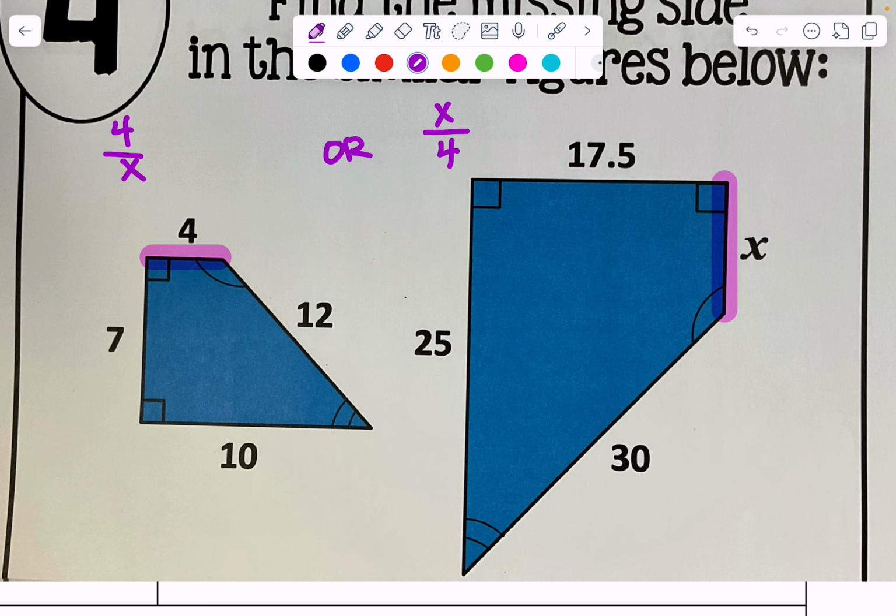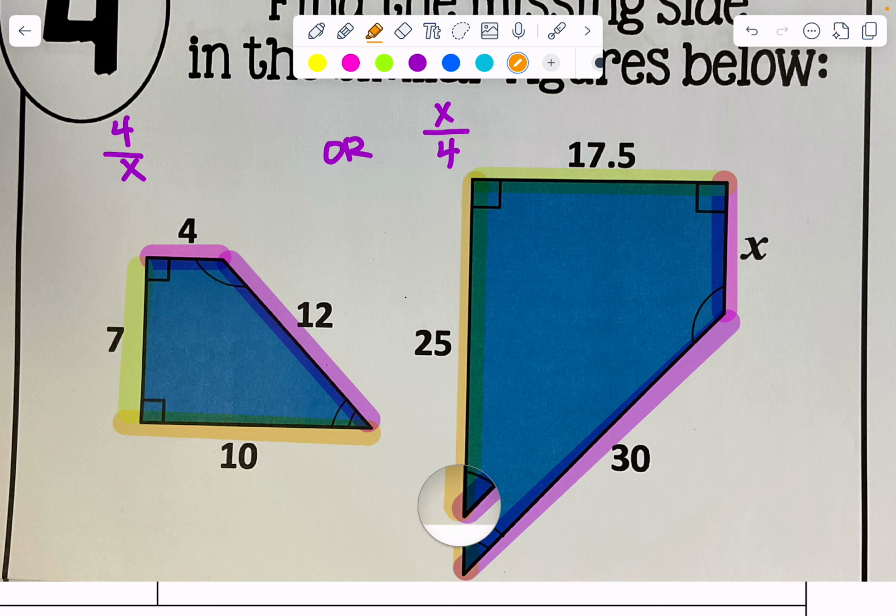Now, we then have to choose a different side. So maybe you chose 7 and 17.5. Maybe you chose 12 and 30. Or maybe you chose 10 and 25. So there's a couple different ways to do this.